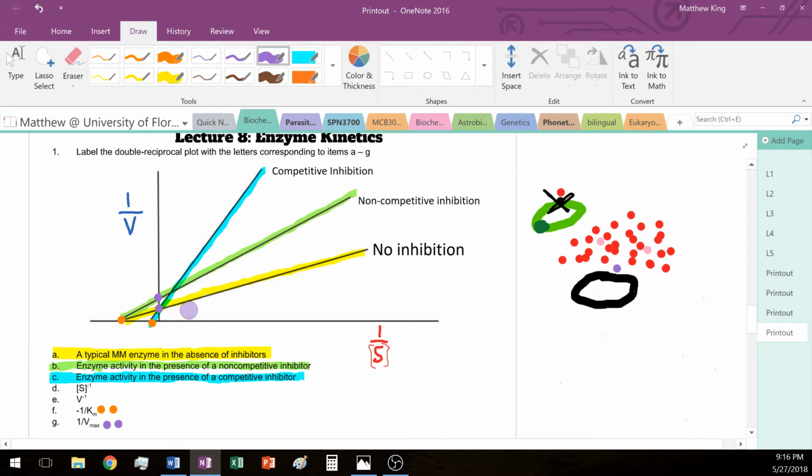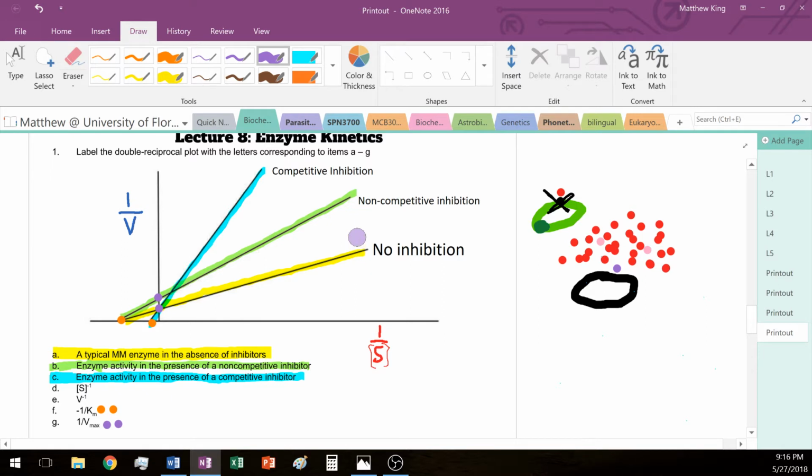So Vmax on this graph has traveled up on the y-axis for the non-competitive inhibition. And remember, we're talking about reciprocals. So this is higher on the y-axis, which means it's a lower velocity. So in non-competitive inhibition, our Vmax has lowered.